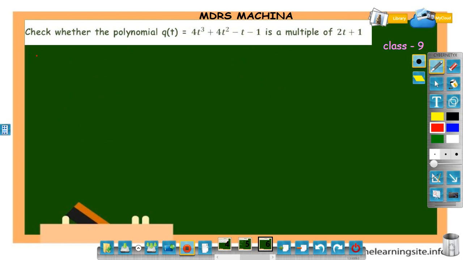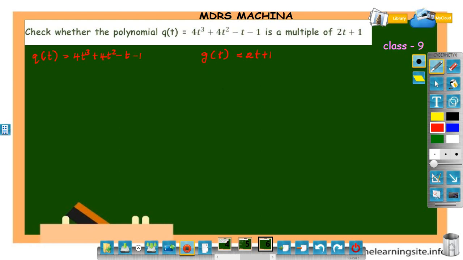Here the dividend q of t is equal to 4t cube plus 4t square minus t minus 1, and the divisor g of t is equal to 2t plus 1. Here we have to check whether q of t is a multiple of g of t or not.